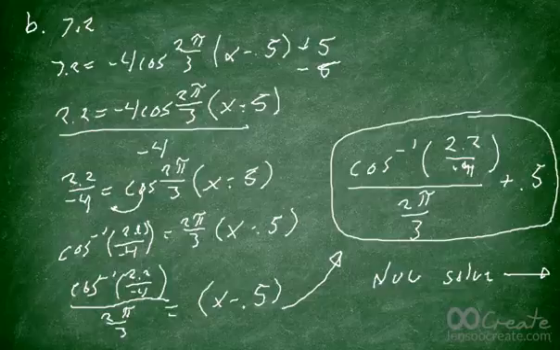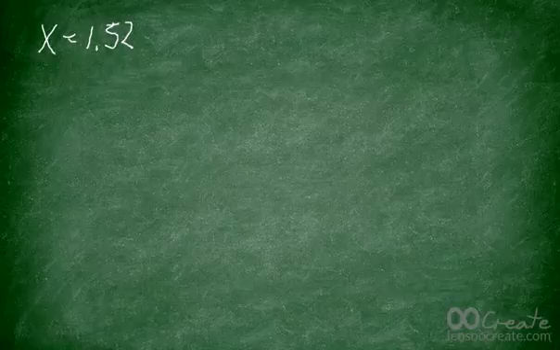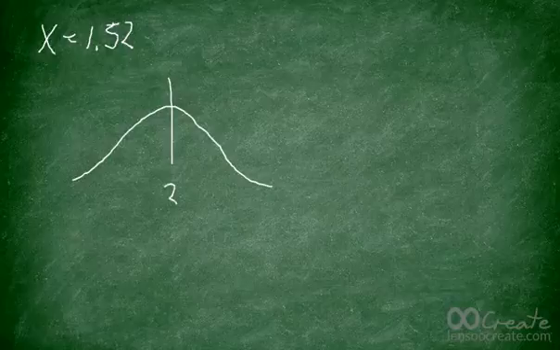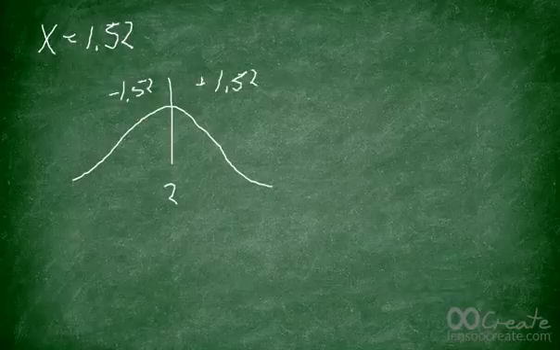Okay, so now on this one we're gonna plug this into our calculator with proper parentheses and then solve for x. So after plugging that in, x equals 1.52, and then based on our graph, we're going to use symmetry. If this was 2, we're going to subtract 1.52 and add 1.52.